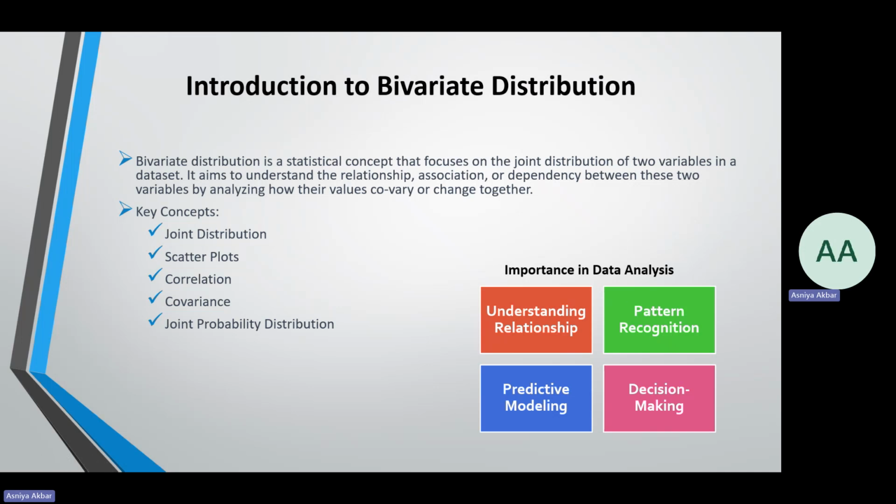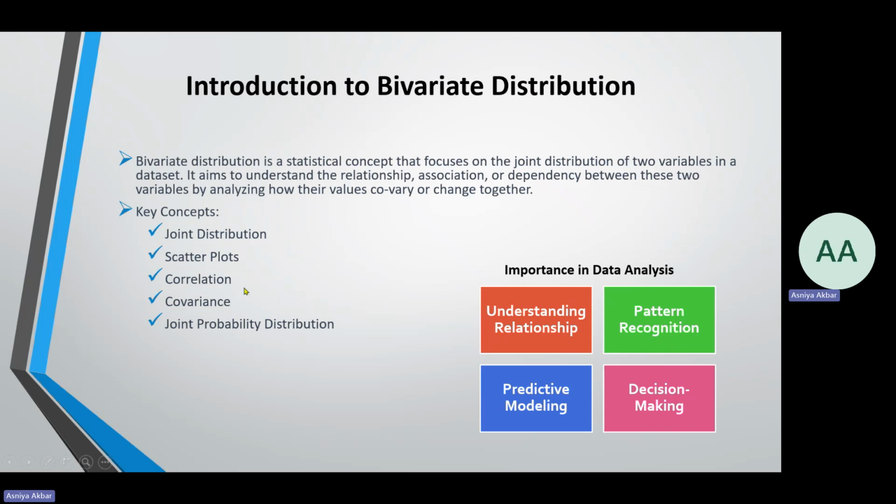And covariance measures how much two variables change together. A positive covariance indicates a positive relationship, and a negative covariance indicates a negative relationship. And lastly, joint probability distribution calculates the probability of simultaneous events or values for two variables.